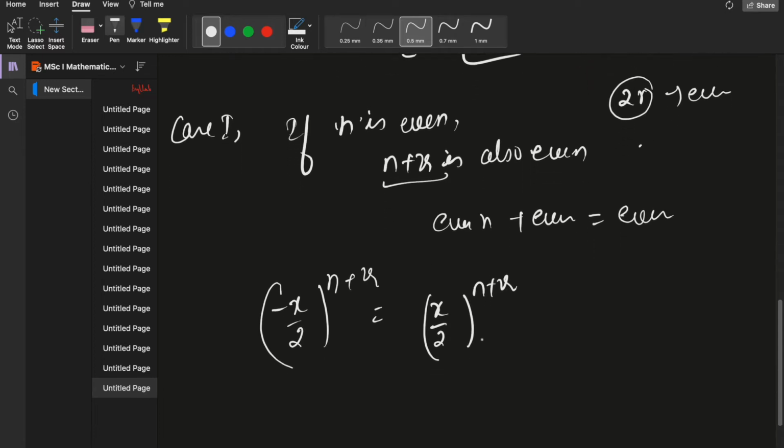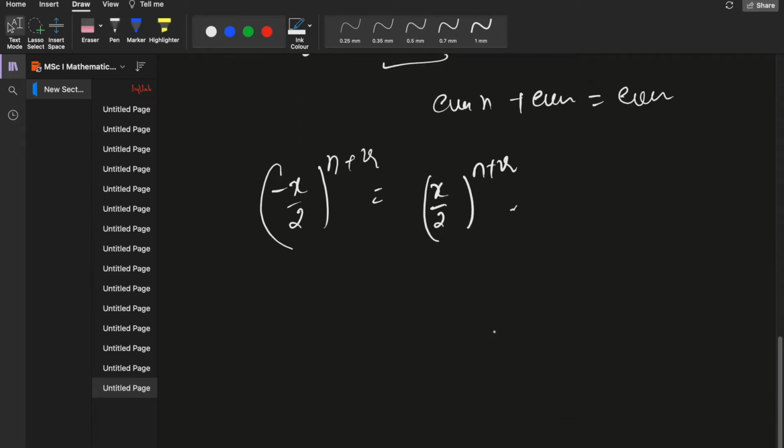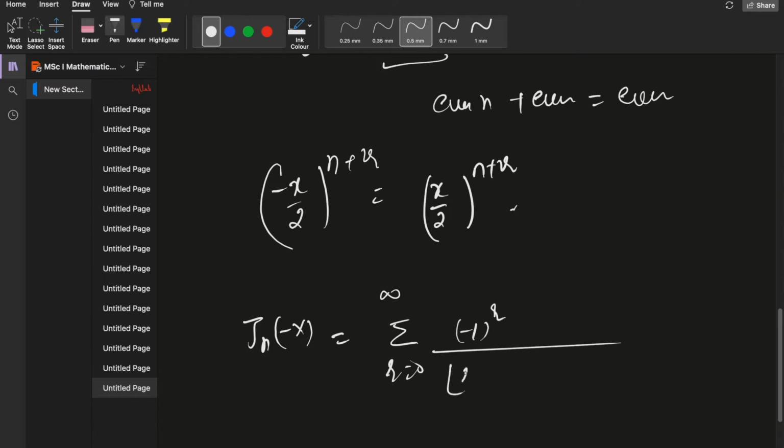Replacing this in equation 2, Jn(-x) gives me the summation r from 0 to infinity of (-1)^r upon factorial r, factorial n plus r, times (x/2) to the power n plus 2r.